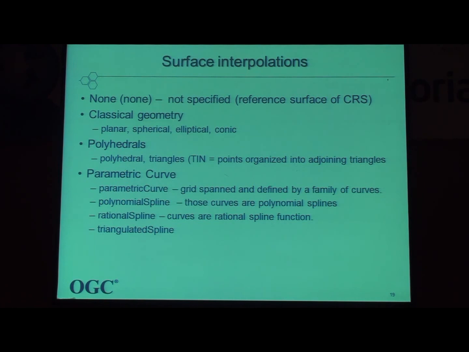Well, if you generalize that and let those parametric curves be any grid spanned by a defined set of polynomials, you get some really lovely things. Biquadratic, bicubic grids work very well in digital elevation modeling. And they're actually fairly easy to calculate and play with. And then once you've done that, you can move on to polynomial splines and rational splines and things like that.